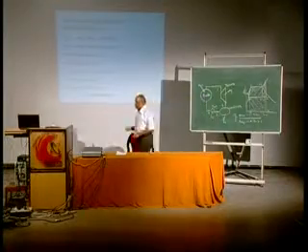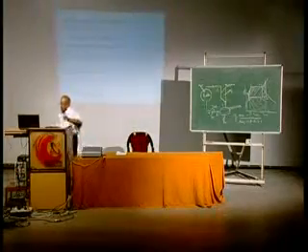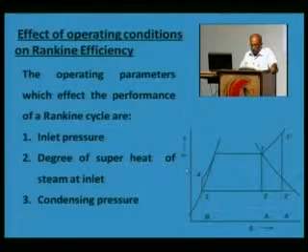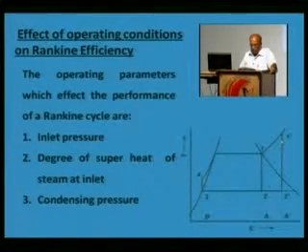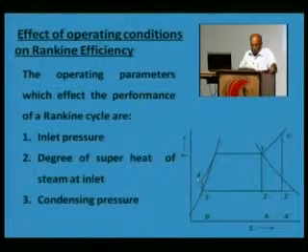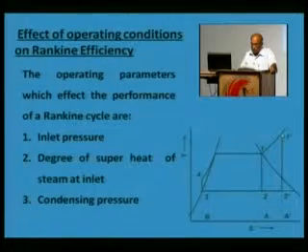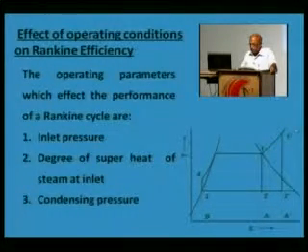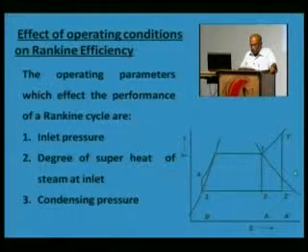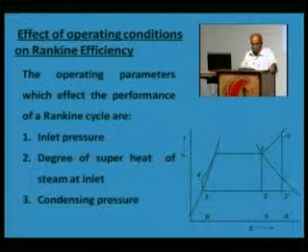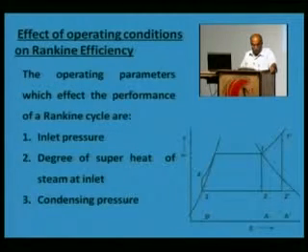So we can say that the performance would depend upon the inlet pressure, that is this line should be as high as possible, so that the area under this curve is maximum. The width of the diagram should be as large as possible, or this line should shift as far as possible on this side, and therefore, the degree of superheat should be as high as possible.